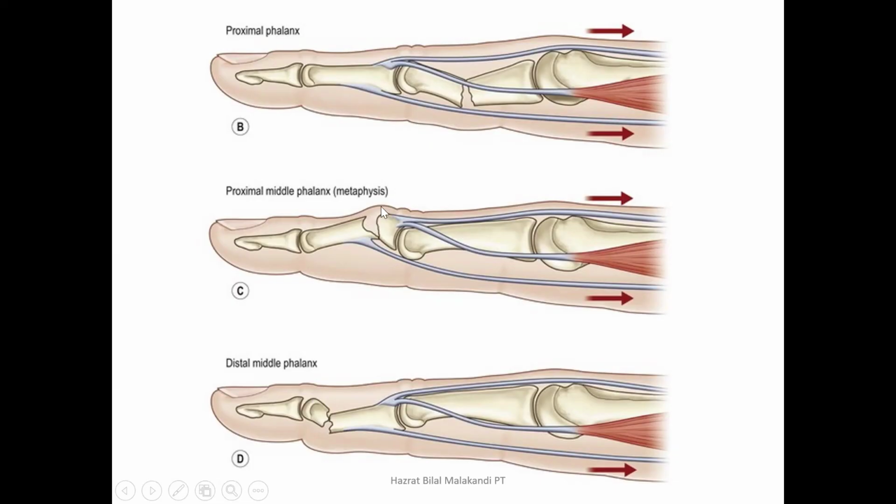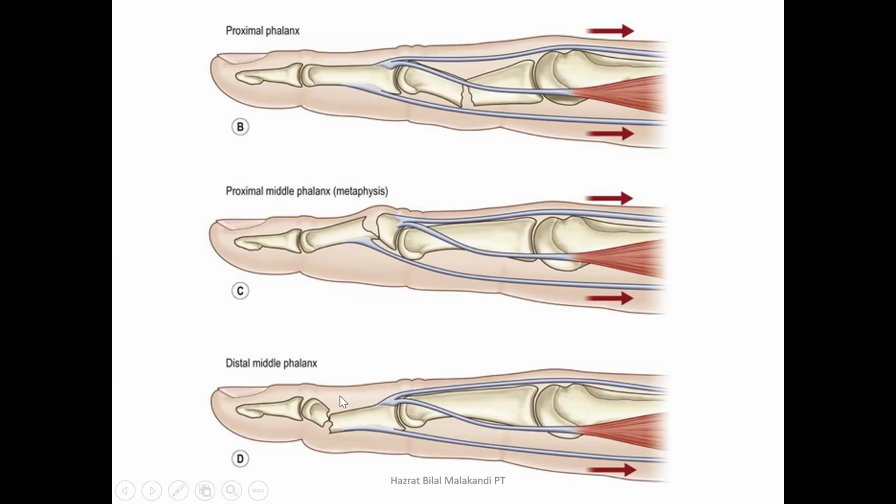This is the normal middle phalanx, the normal anatomy, and this is the fracture proximal to the attachment of the flexor tendon on the ulnar side, and this is distal to the ulnar attachment of the flexor tendon.